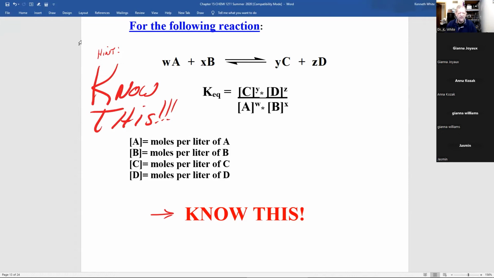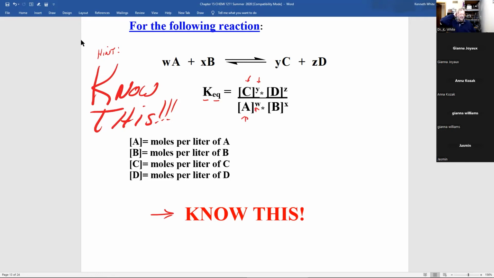So that tells me w moles of A react with x moles of B to make y moles of C plus z moles of D. And by definition, the chemical equilibrium constant, abbreviated by capital K, eq, K in chemistry means constant, and eq is for equilibrium, is the concentration of each product to the power of the coefficient divided by the concentration of each reactant to the coefficient of the reactant.